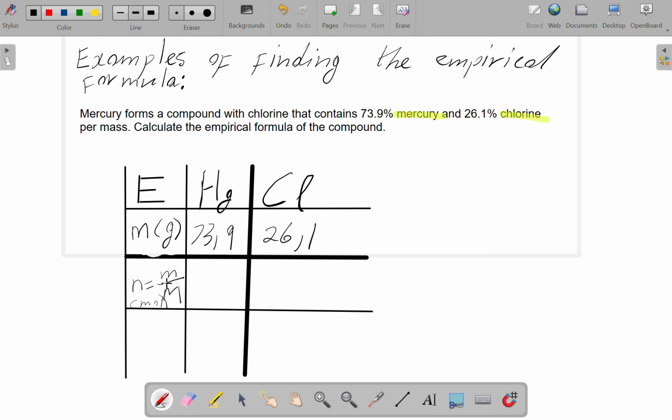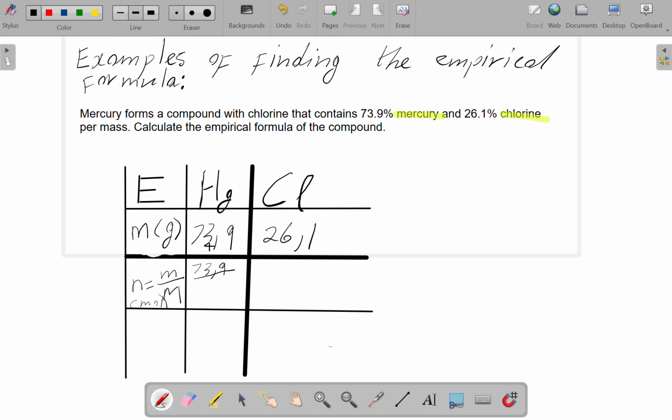So once I've written this formula down, I am now gonna find my number of moles, and I will write that here and here. So let's find our number of moles. For me to find the number of moles of mercury, I will take the mass of mercury, which is 73,9, and divide that by the molar mass of mercury.